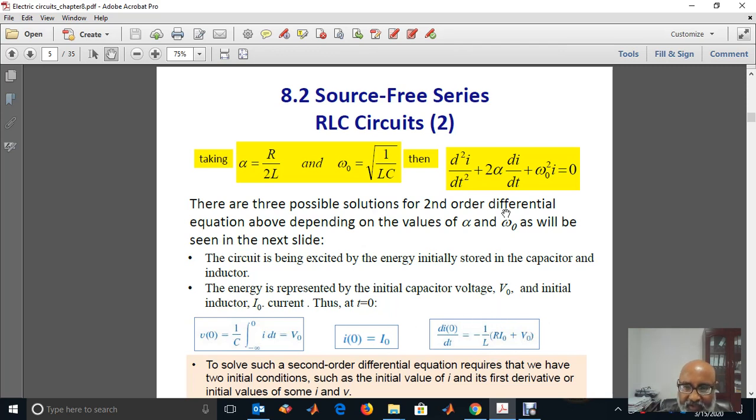So we can solve this equation by using these two initial conditions, and also by using alpha and omega naught.